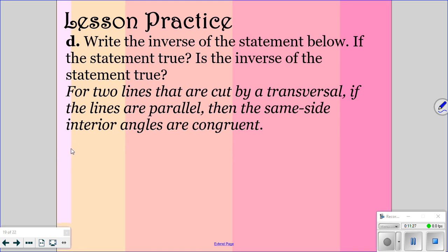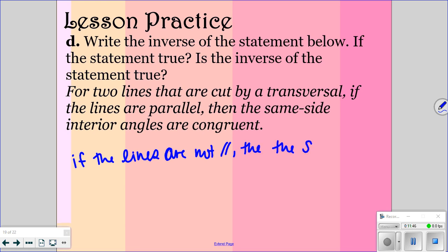So for two lines that are cut by transversal, if the lines are not parallel, then the same side interior angles are not congruent.